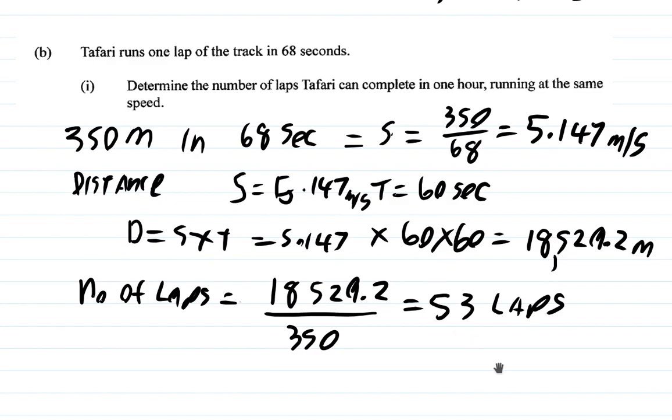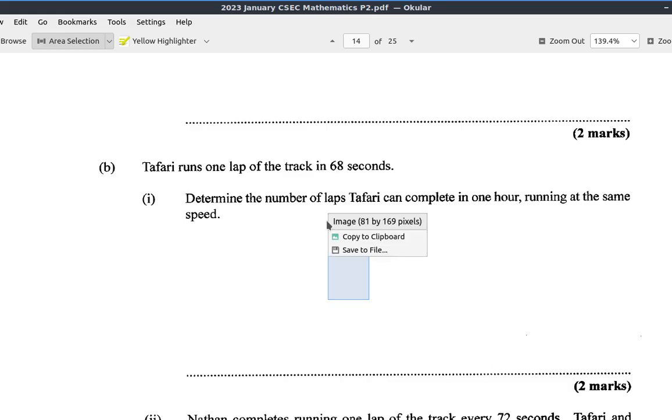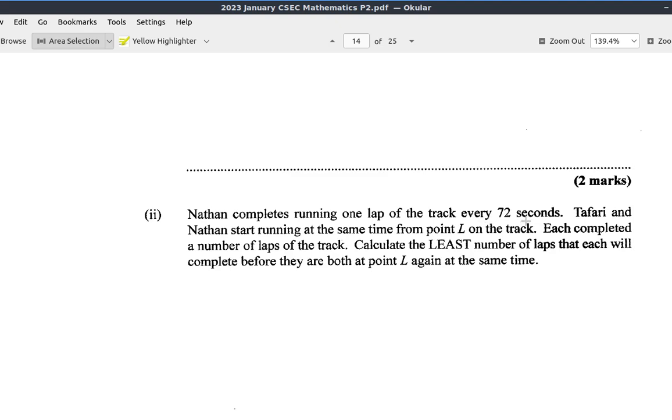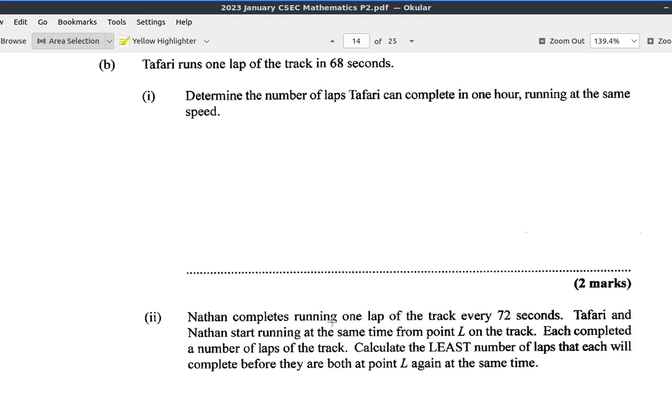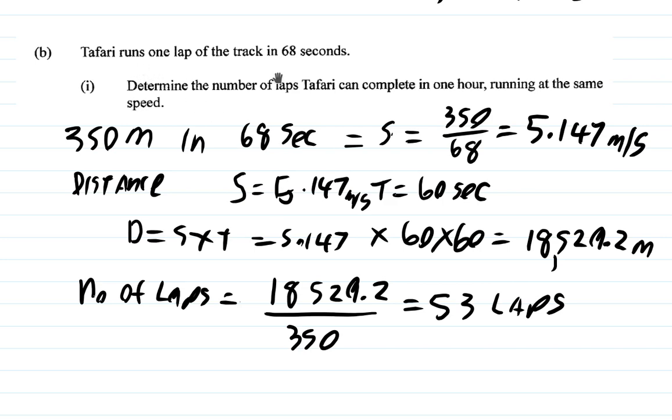So Tafari runs at 5.147 meters per second.